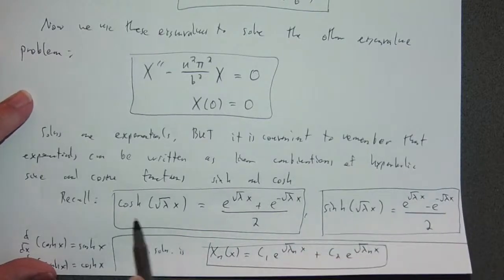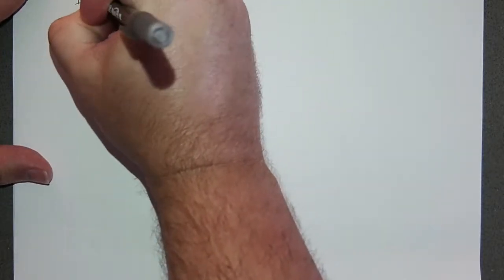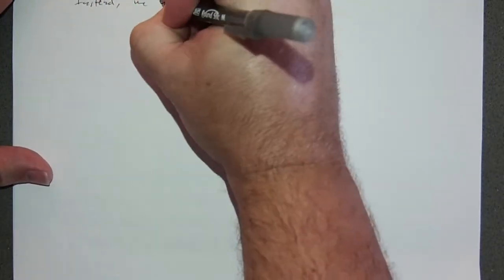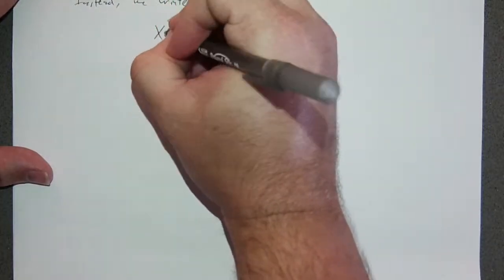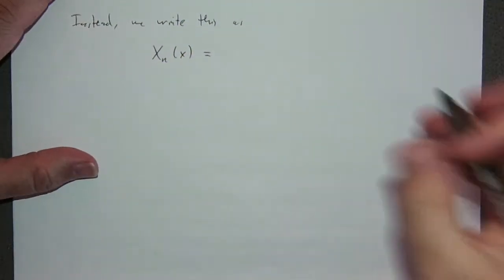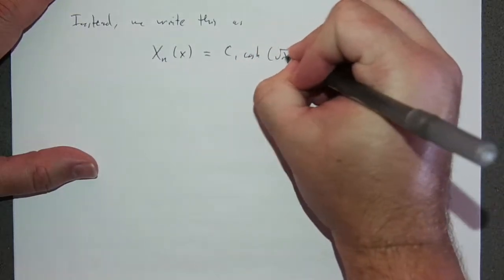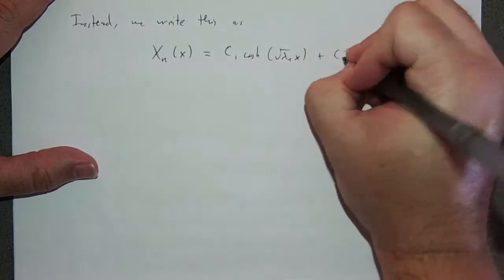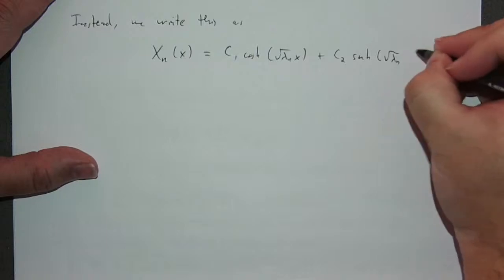But I'm going to write this in terms of cosh and sinh instead. So we write this as x sub n of x is c1 cosh of square root of lambda n x plus c2 sinh of square root of lambda sub n of x.